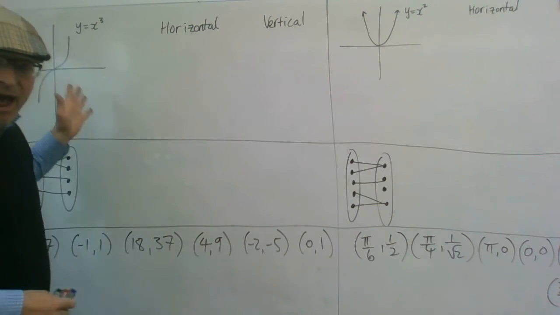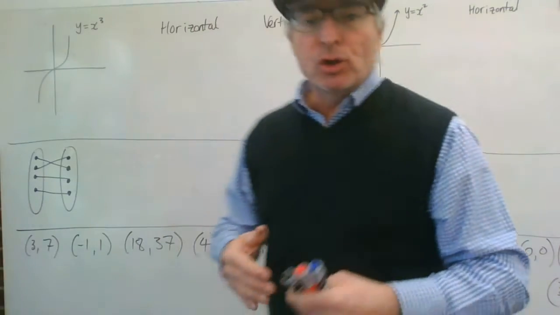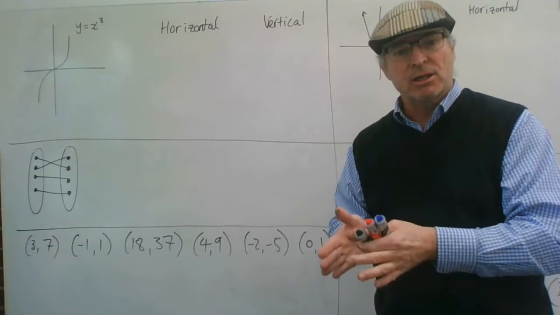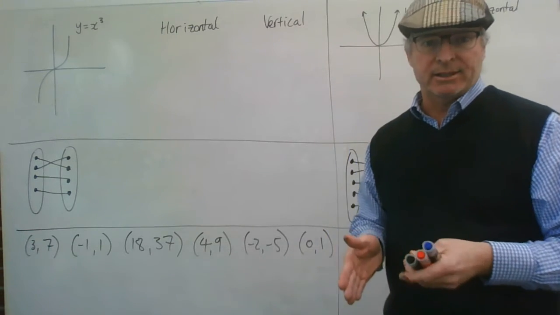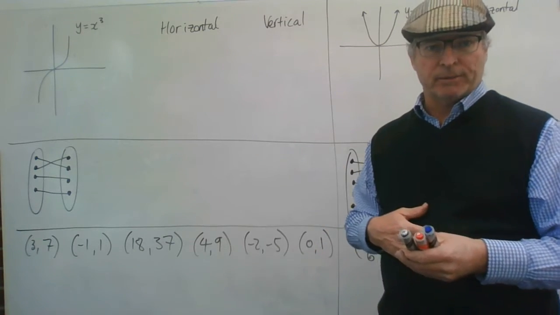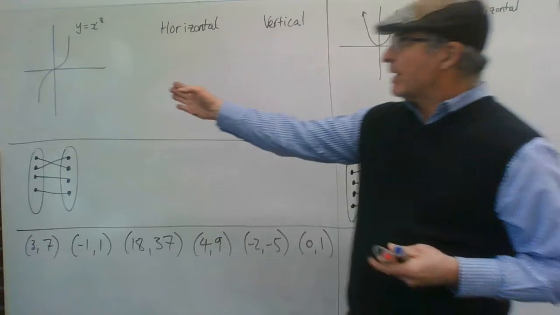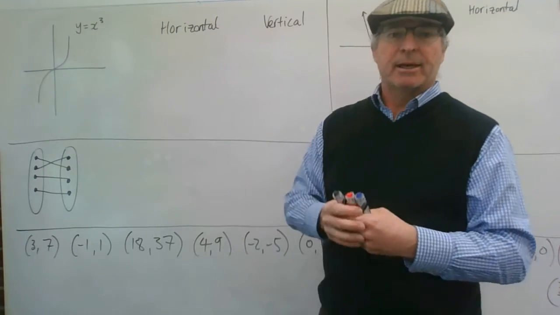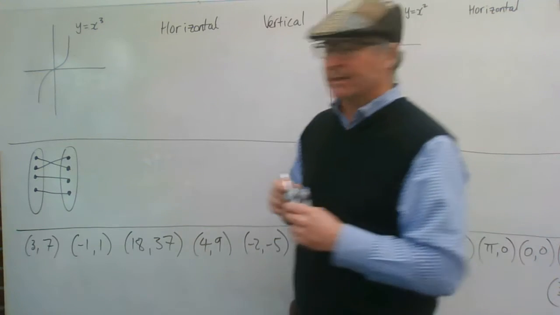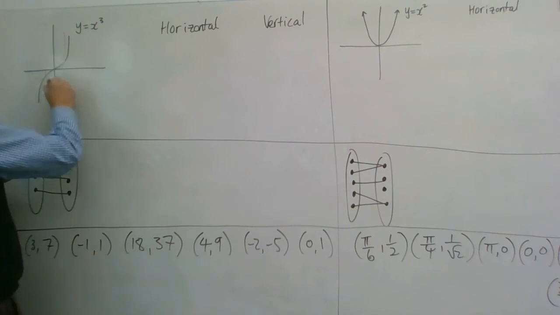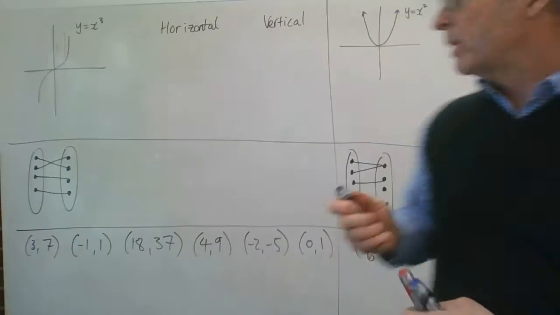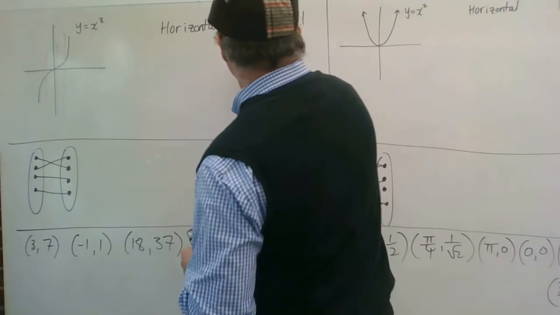If you're given a graph, then you should use your vertical line test to determine if something is a function, and your horizontal line test to determine if it's a many-to-one or one-to-one function. So with this one here, the vertical line test can only ever go through at most once, which means that it's to 1.